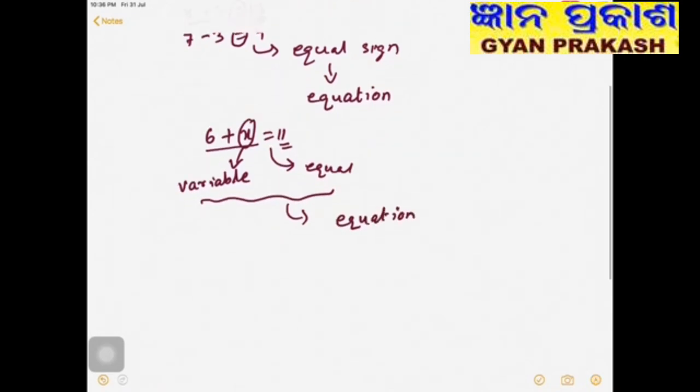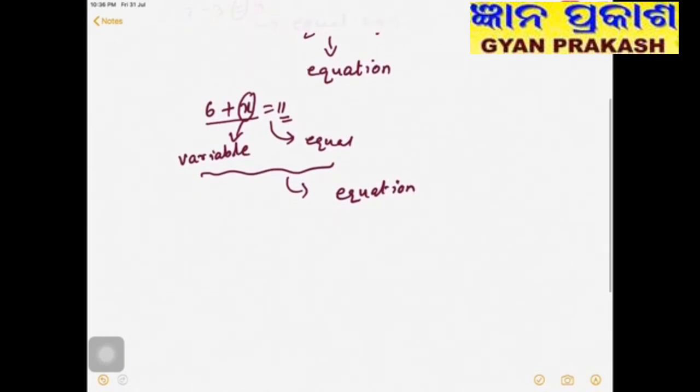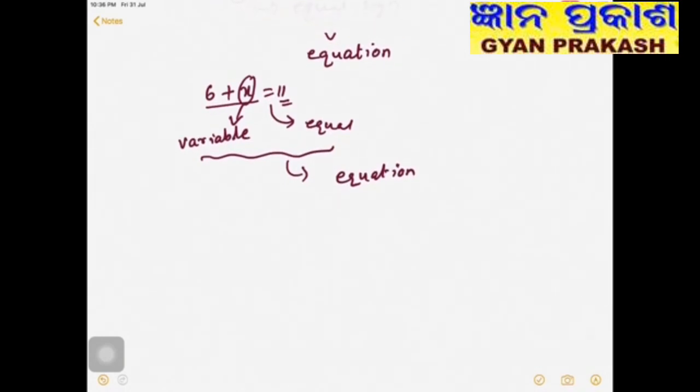So what is an equation? It is basically a statement of equality. Another thing we can say is that the involvement of a variable is there.